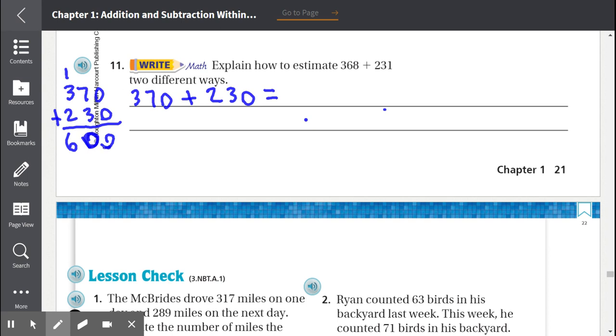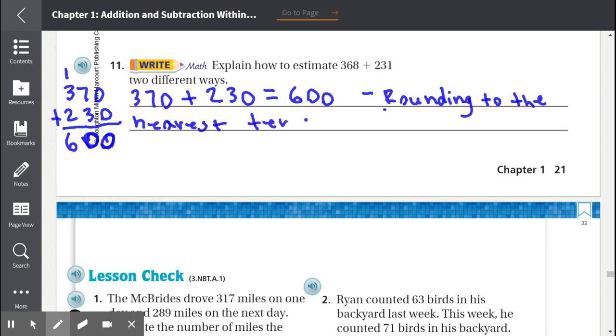So that equals 600. And that's rounding to the nearest tens.